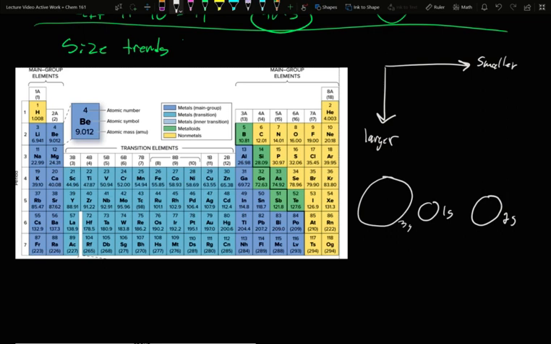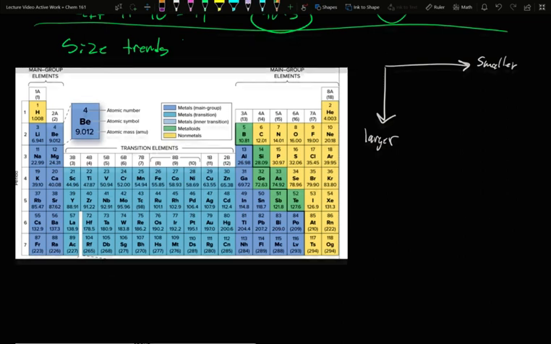This is why the atoms look bigger. You're always looking at whatever your last orbital to be filled is, and going down from lithium to sodium and potassium, we are moving that further and further out into larger and larger s orbitals.